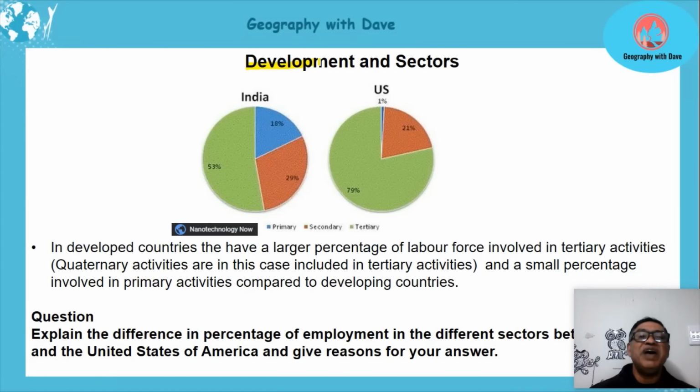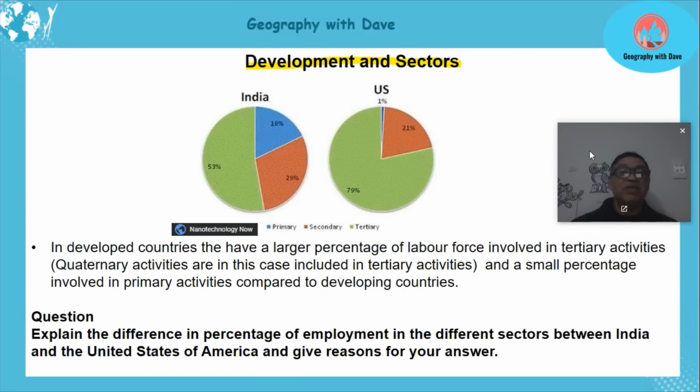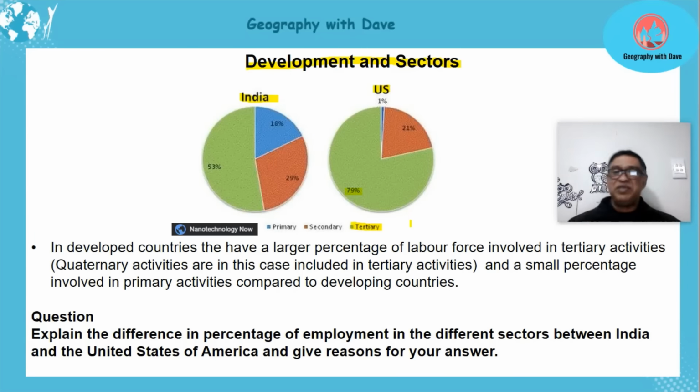Now let's look at development and how the sectors indicate development. All right, now let's look at it down here. Let's look at USA, and during this period, of course, it changes all the time, and India. In USA at this stage, the tertiary employment was 79%.